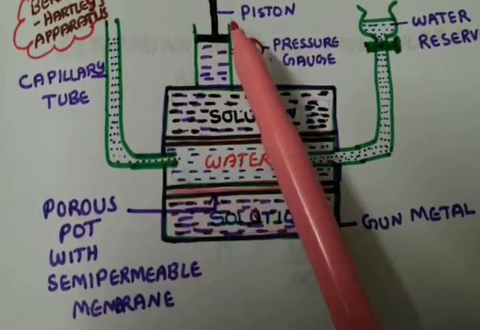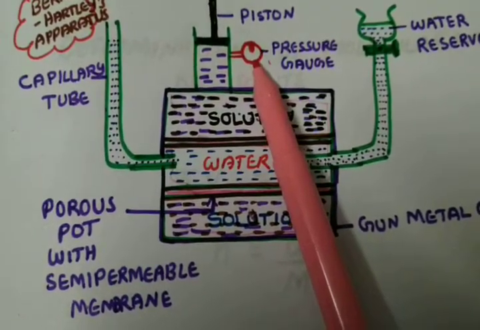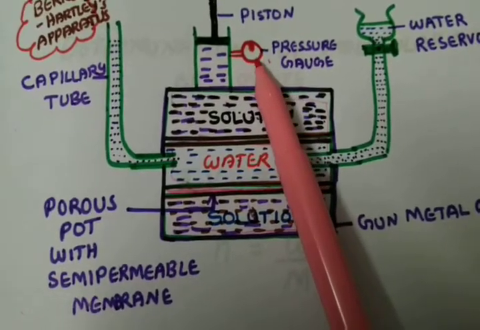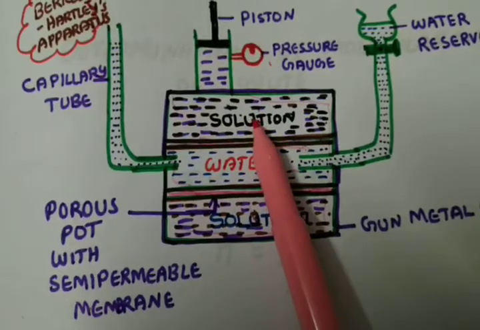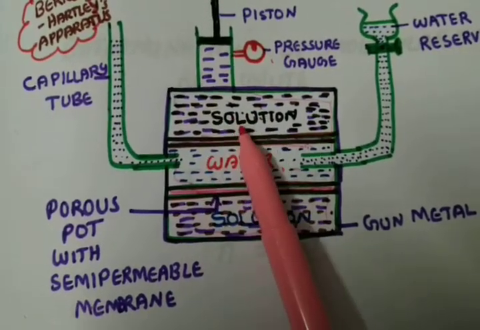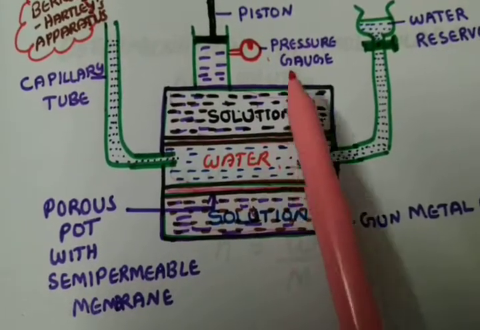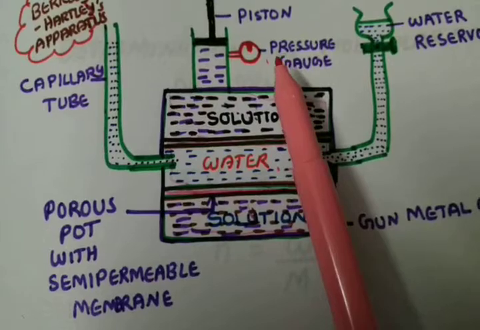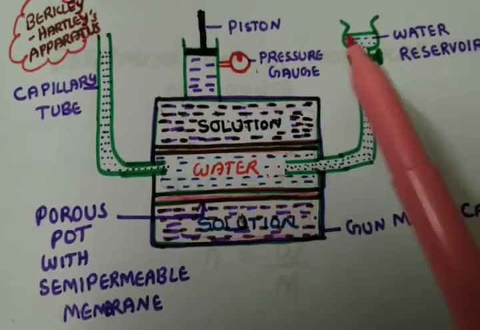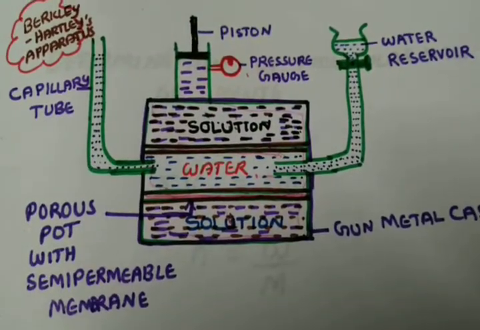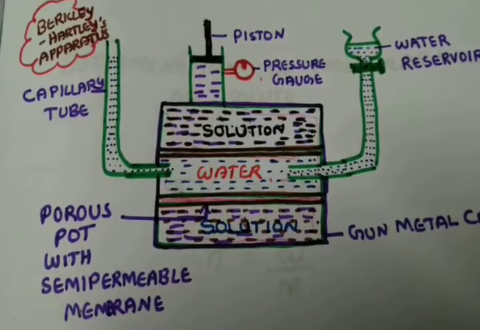This excess pressure measured by the pressure gauge prevents the flow of solvent to solution, or prevents osmosis through the semi-permeable membrane. This gives the osmotic pressure of the solution. So we can measure the osmotic pressure of the solution.